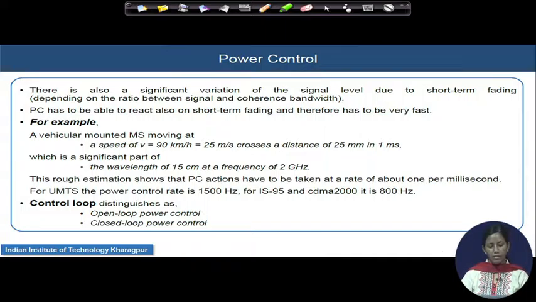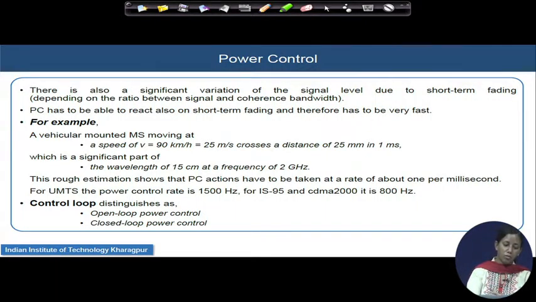We also expect significant variation of the signal level due to short-time fading. Fading is the loss of signal power, and also the changes affecting the signal phase and frequency over a very short duration when the signal passes through the wireless channel. We will learn a lot about the different kinds of fading in a later class, but here we will understand the effect of short-term fading.